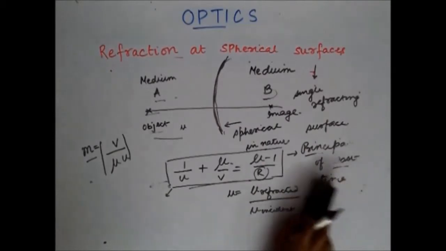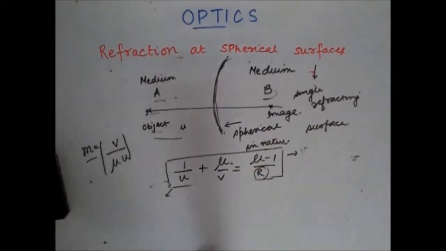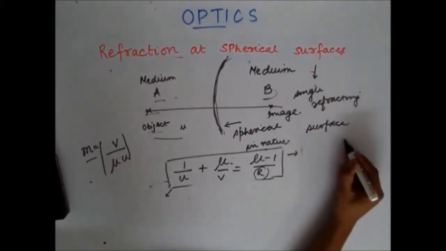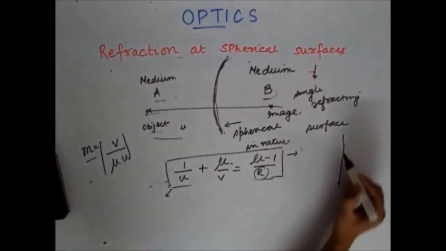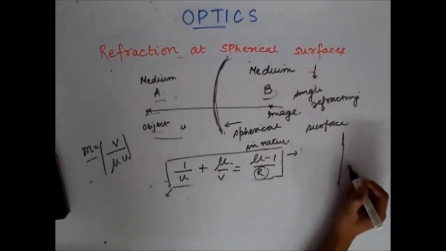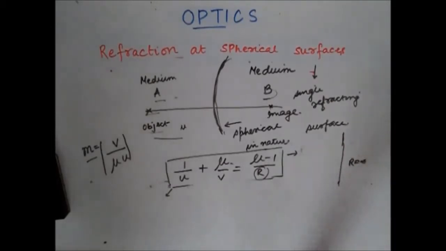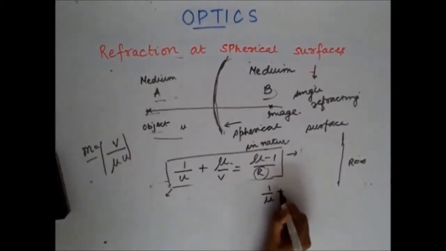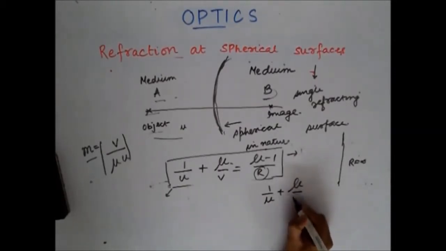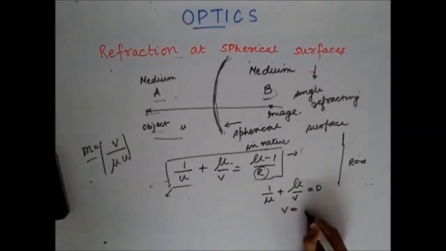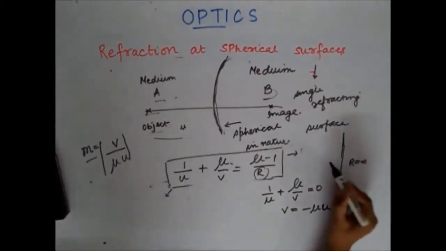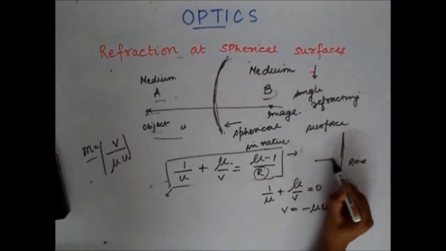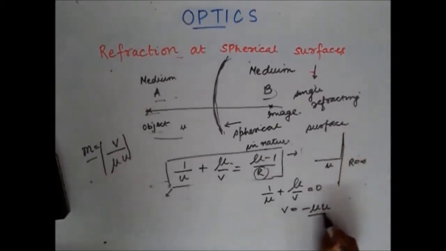A special case to this, which we discussed in the last lecture, I guess, is when you had a refracting surface which was plane. In that case, you can say that R is equal to infinity, which means if you put it in, you will get 1/u + mu/v = 0, or v = -u/mu. That means in case of a single refracting surface which is plane, if this is the object distance, the image distance is u/mu.